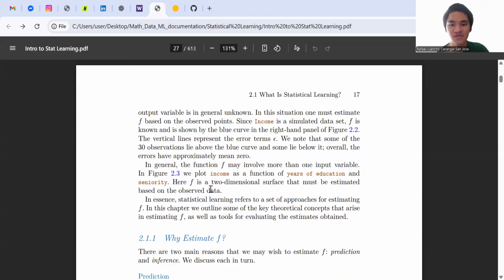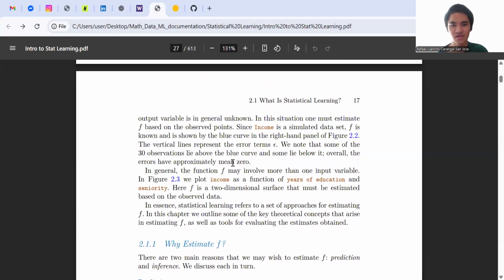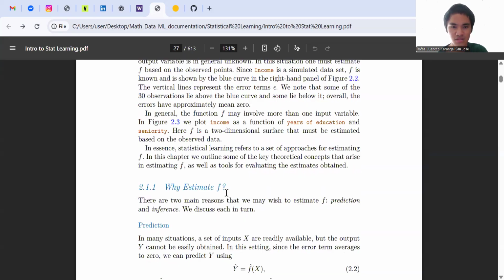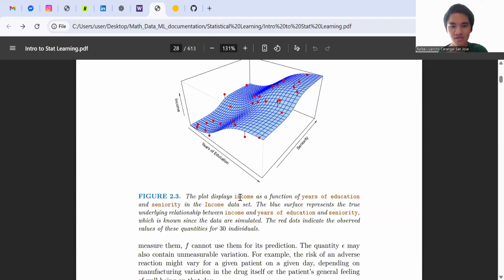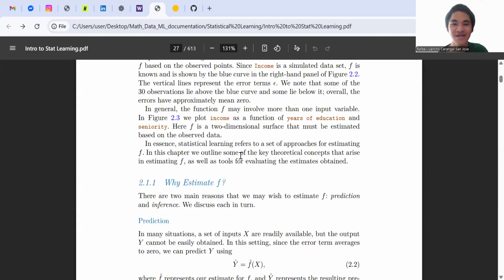And in general, the function may involve more than one input variable or more than one predictor. And so in figure 2.3, it's a two-dimensional surface. Oh, whoa, it went from here to, okay, anyway.